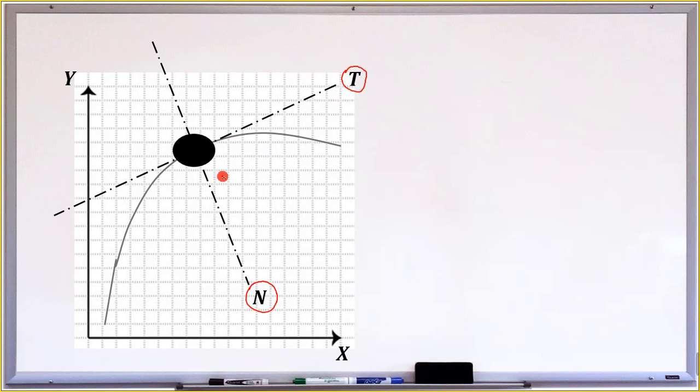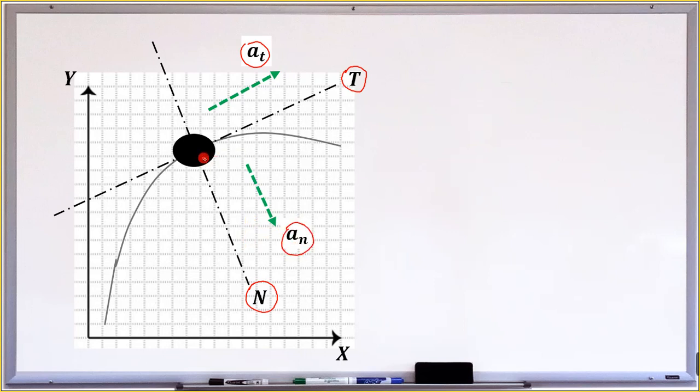We all know that the acceleration of this particle along the tangential axis is the tangential acceleration, labeled as at. And the acceleration of this particle which is directed towards the center of rotation or the center of curvature, we call the normal acceleration, labeled as an.